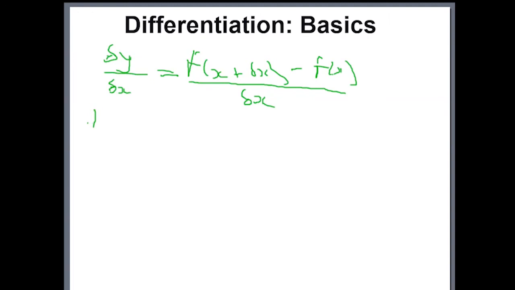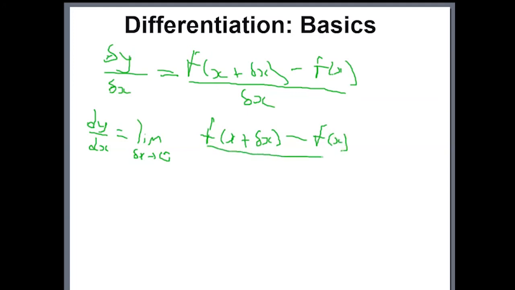Our dy dx, which is the gradient, can be gotten as the limit when delta x approaches 0 of f of x plus delta x minus f of x, over delta x.